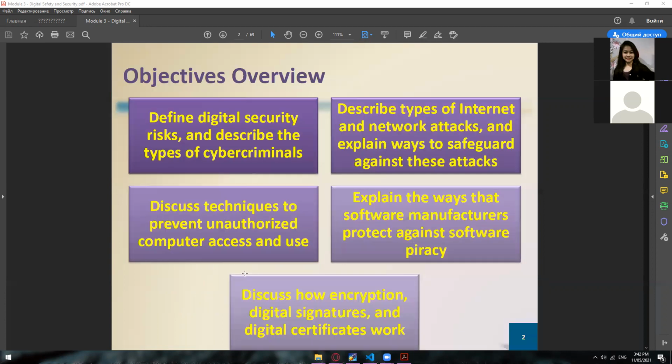Anyway, here is the overview of our objectives for this module, which I will not read anymore since it is very straightforward. I will not explain things that are very straightforward, especially when you can already understand the description upon reading.